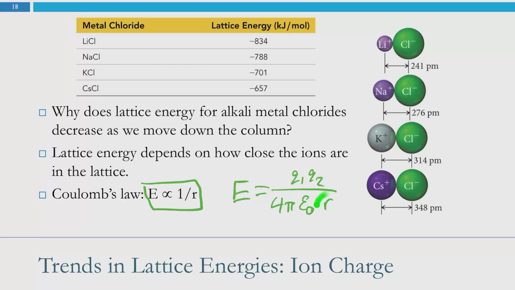So that means the closer they get together, the smaller the radius, the bigger the energy is going to be. The further they are apart, the lower the energy is going to be. Any confusion about that? Or questions about stuff so far?